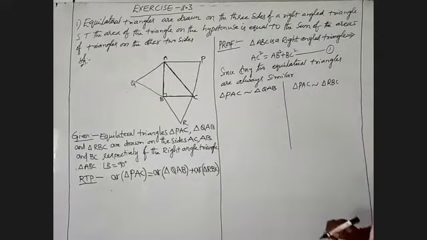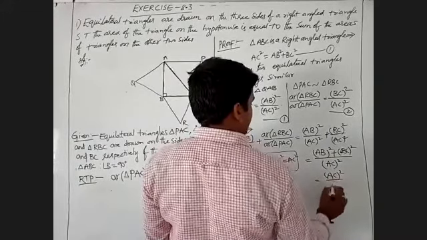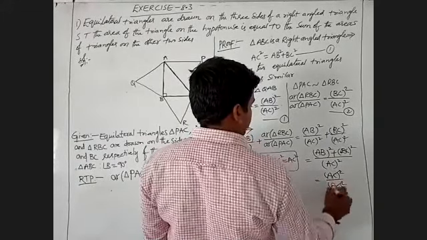Here the given base is AB square plus BC square by AC square. What does 1 say? From 1, AB square plus BC square is nothing but AC square. Here we substitute AB square plus BC square with AC square, so AC square by AC square is nothing but 1.